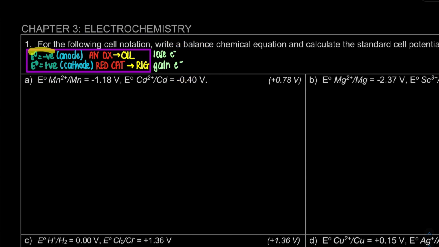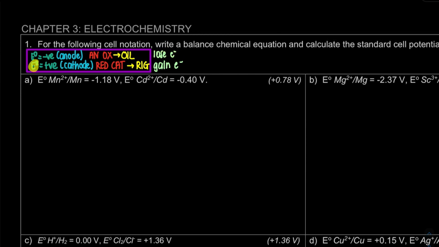If the value of E naught is more negative, it means that the half cell will be the anode. Remember anode: since here in the middle we have O, you can also remember anox. It means that at the anode, oxidation will happen, and oxidation is oil, where oil means that it will lose electrons.